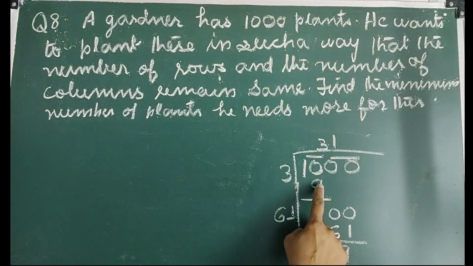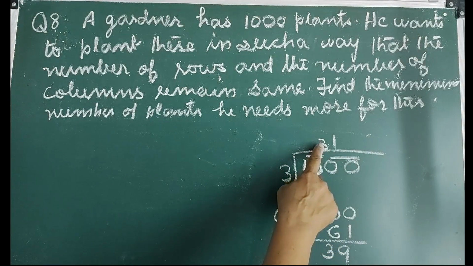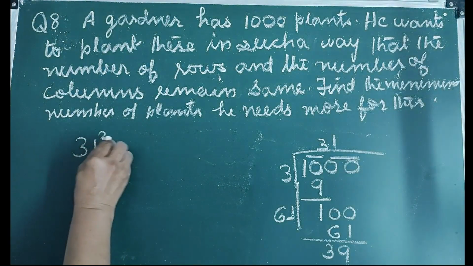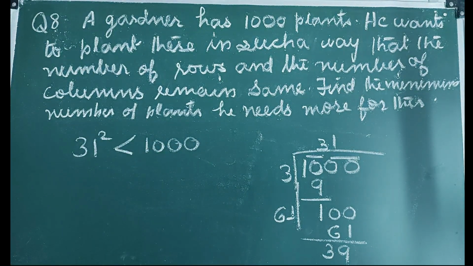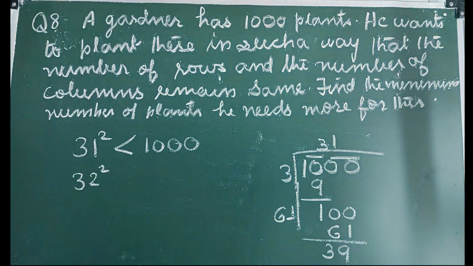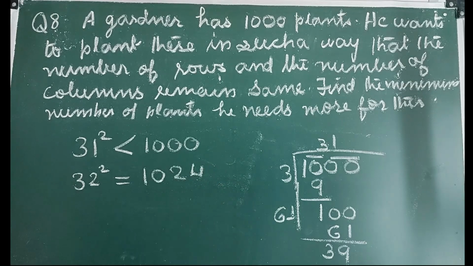We found the square root of 1,000 by the long division method. Then the remainder is 39. This shows that 31 square is less than 1,000. Next perfect square is 32 square, that is 1,024.